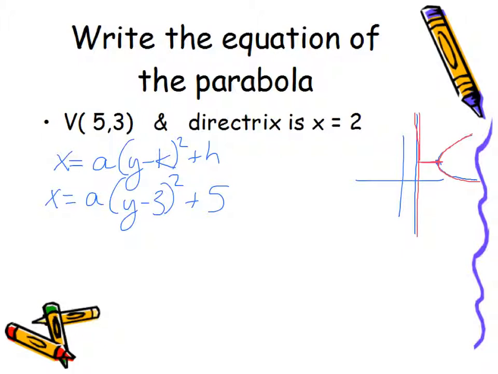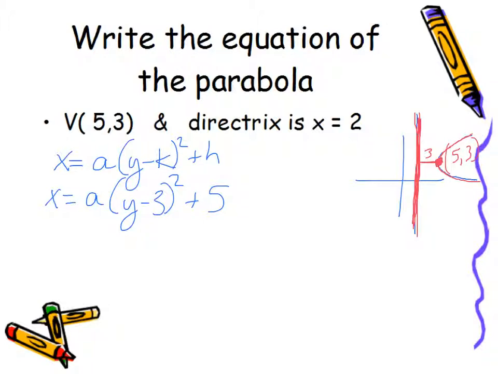This equation right here was at 2, right? X equals 2. And this ordered pair right here was at 5, 3. So if I'm at 2 and then I go over to 5, that distance right there ends up being 3 units.